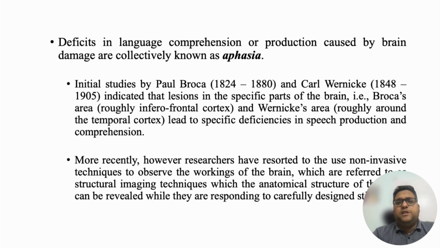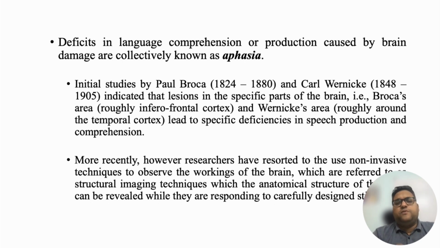Deficits in language comprehension or production caused by brain damage are collectively known as aphasia. Initial studies by Paul Broca and Carl Wernicke indicated that lesions in specific parts of the brain, such as Broca's area, which is roughly around the inferior frontal cortex, and Wernicke's area, which is roughly around the temporal cortex, lead to specific deficiencies in production and comprehension.